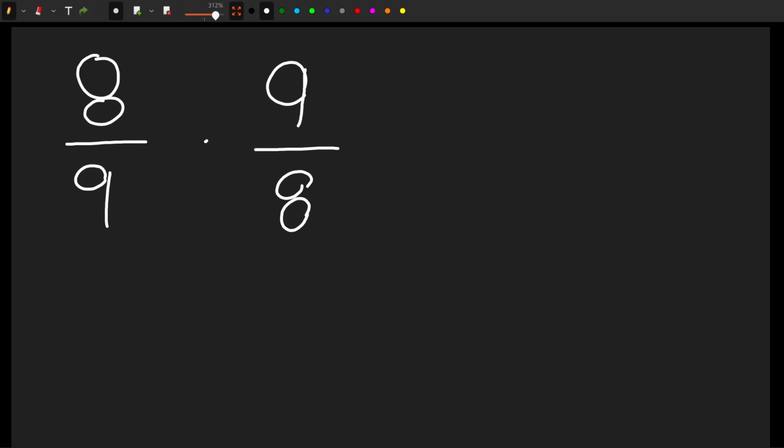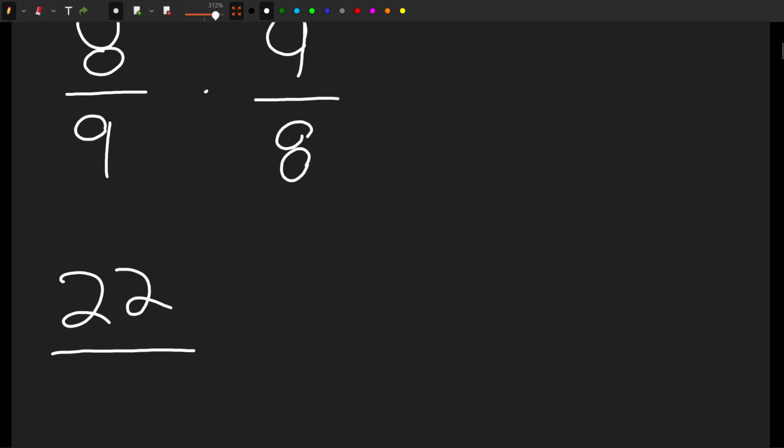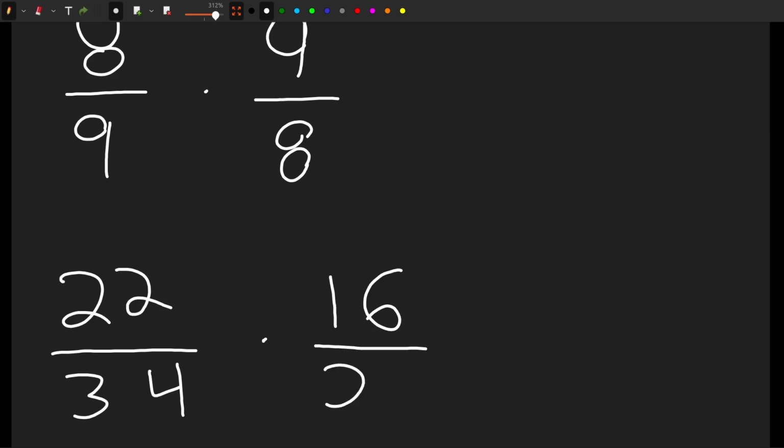And then we'll end off on multiplication with 22/34 times 16/26.